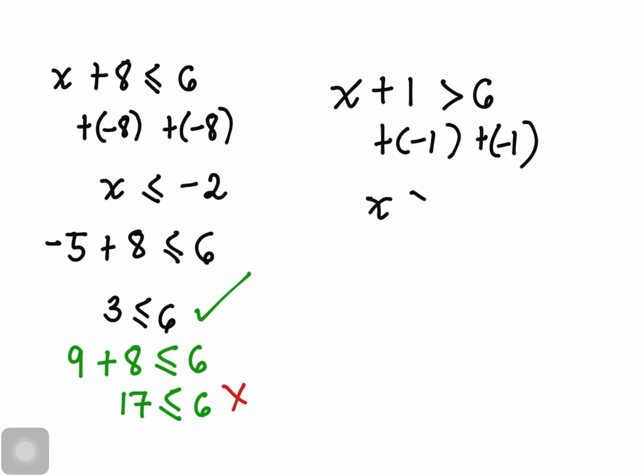So we'll get x is greater than 5, which means all values greater than 5 will satisfy our inequality statement. Pause the video for a while, choose a number that's greater than 5, and check if it will satisfy the given inequality statement.